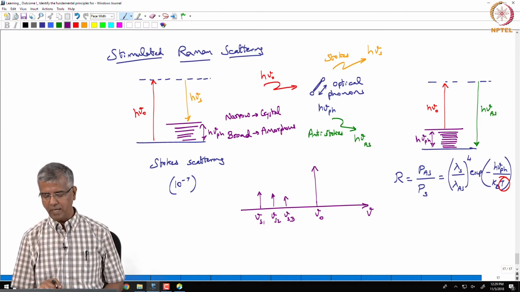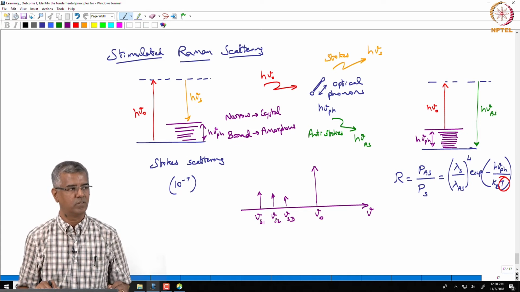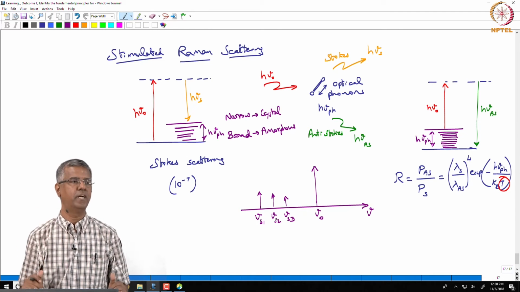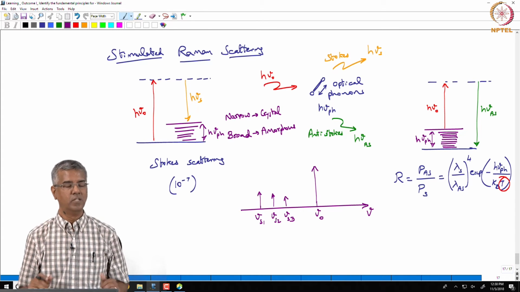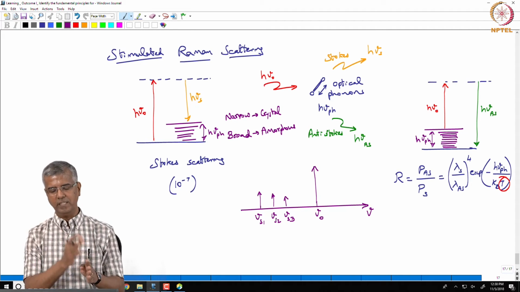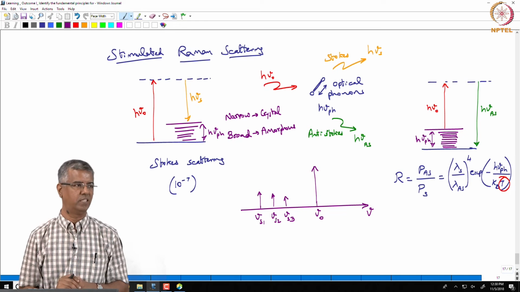And not only that, you can also tell the concentration of those molecules. How? You look at the relative peaks, the amplitude of those relative peaks, that tells you what is the concentration of those molecules. So, now you give me one material, I will tell you that these are the molecules that are present and these are the concentrations at which they are present.